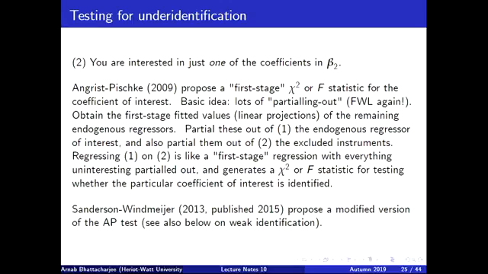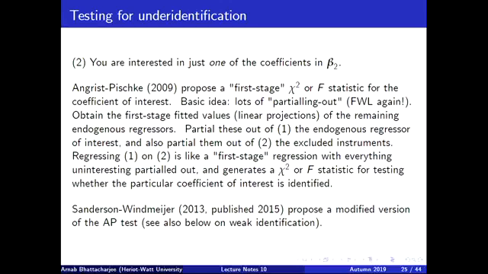Now, suppose we were interested in a single coefficient, beta 2, not the whole vector. How would we proceed? Now we would do a lot of partialing out. Angrist and Pischke propose a first-stage chi-square or F statistic for the coefficient of interest.